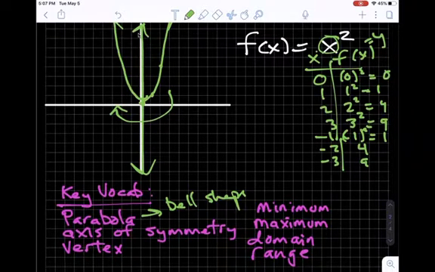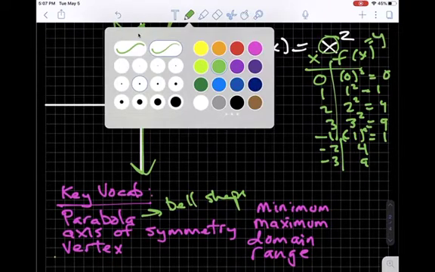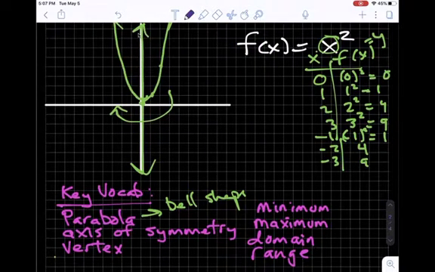And on the axis of symmetry, and this is really important, we have this thing called the vertex. The vertex is the point that is either the minimum or the maximum point of the graph. It's the highest or the lowest point of the graph.